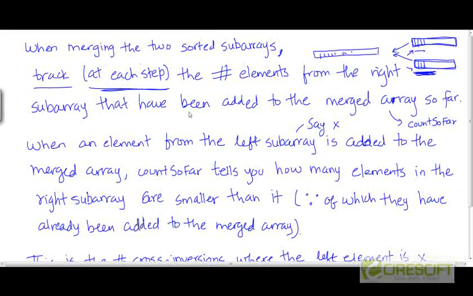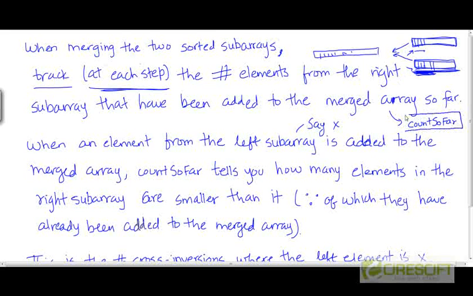So think of a counter maintaining the count of the number of elements in the right subarray which have been added to the merged array. At the end of this merge step, the counter value is going to be equal to the length of this list, because every element from this list would have been added to the merged array. At the very beginning, the counter value is going to be 0, and whenever we add an element from here to the merged array, we're going to increment the counter by 1.